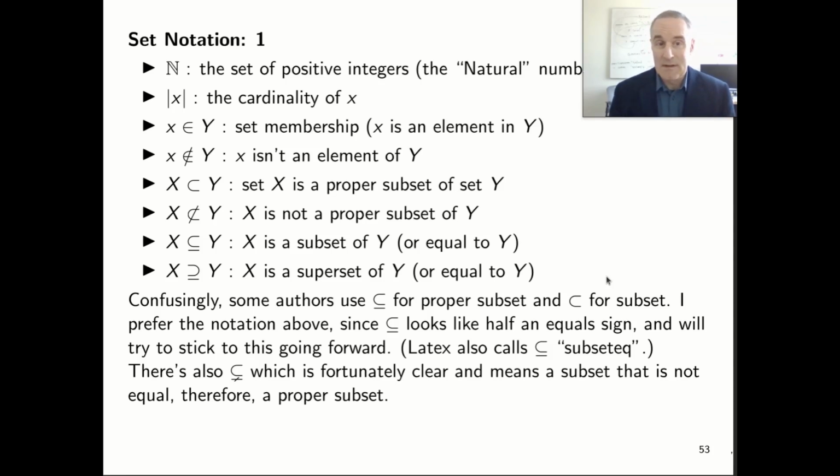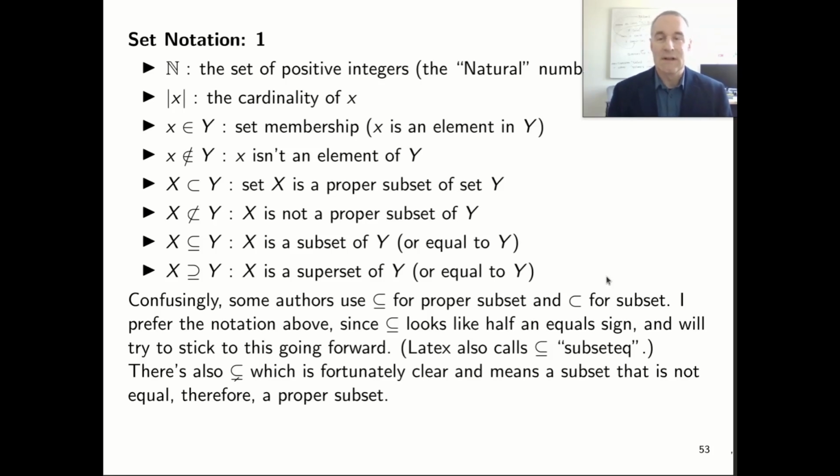Which is then the next bullet here, we can say X is not a proper subset of Y just by drawing a line through it. Then we also get to X is a subset of Y, which allows it to be equal. It's not a proper subset, it's a subset. And I like this notation because it has what you might think of as half a little equal sign, a line below the proper subset symbol.